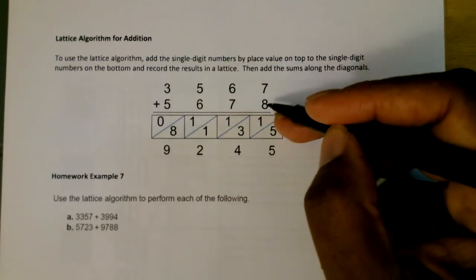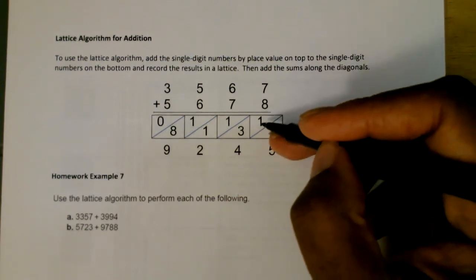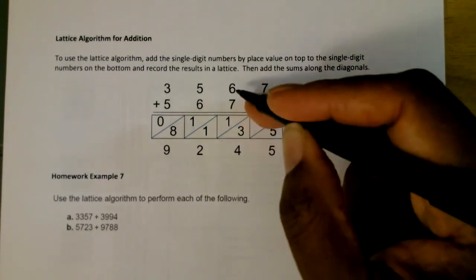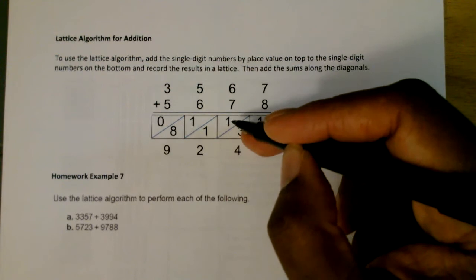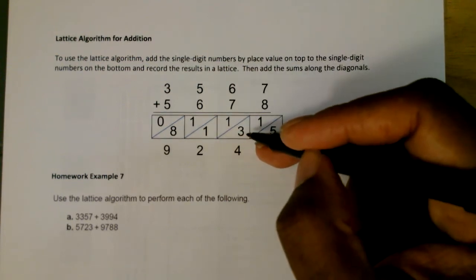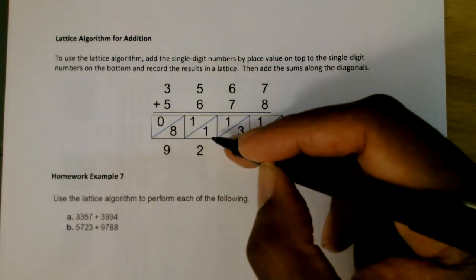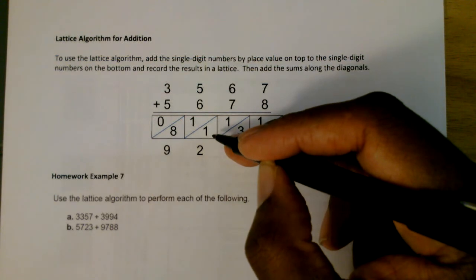So if 7 and 8 is 15, the 1 has to go in the top triangle, the 5 must go in the bottom triangle. 6 and 7 would be 13. So the 1 goes in the top triangle, the 3 goes in the bottom triangle. And then 5 and 6 will be 11. The 1 goes in the top triangle, the 1 goes in the bottom triangle.